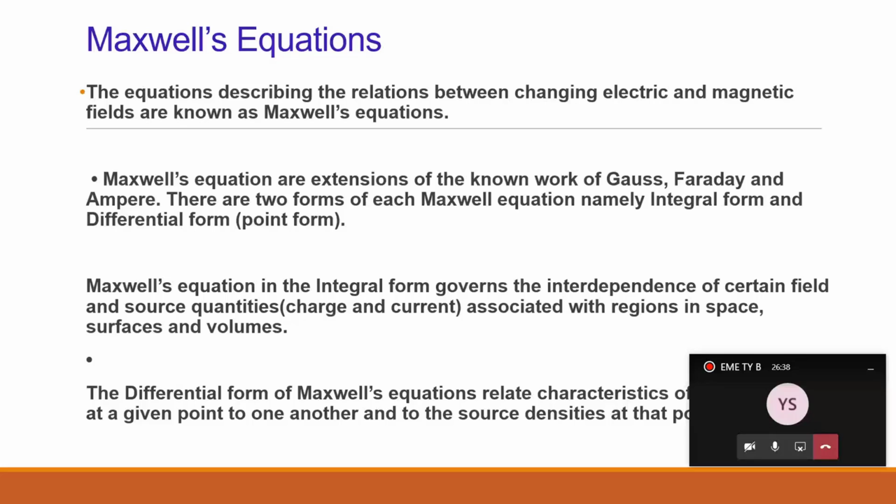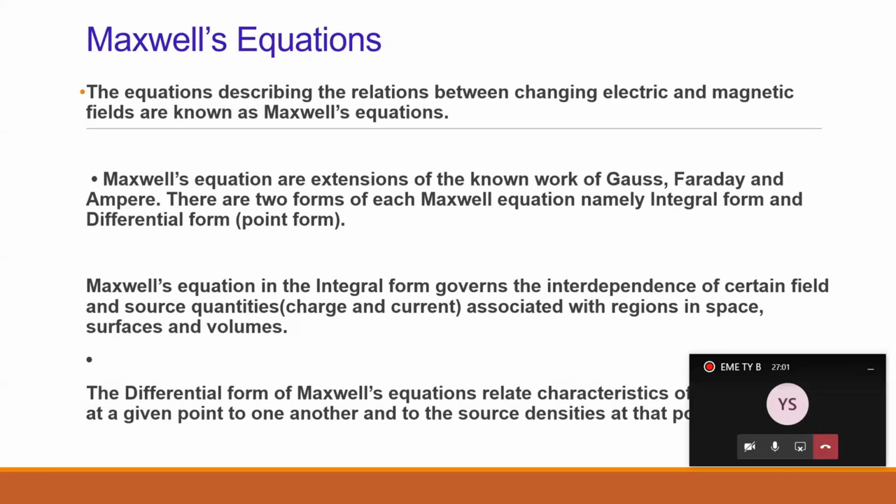Then the third part: Maxwell's equation in integral form governs the interdependence of certain field and source quantities associated with the region in space, surfaces and volumes. We know that Q is equal to the triple integration of rho v dv. So Q is a charge, a source of some electrical quantity.